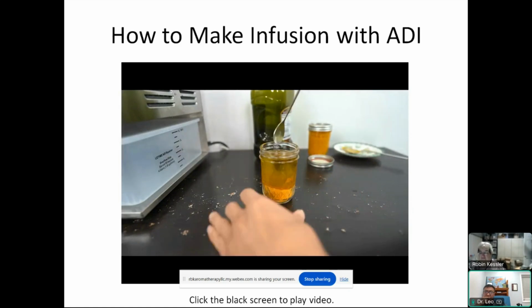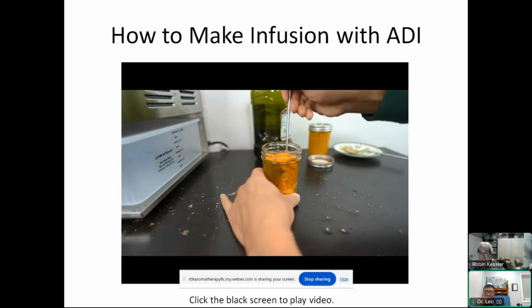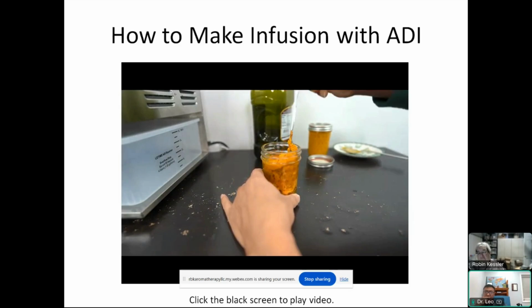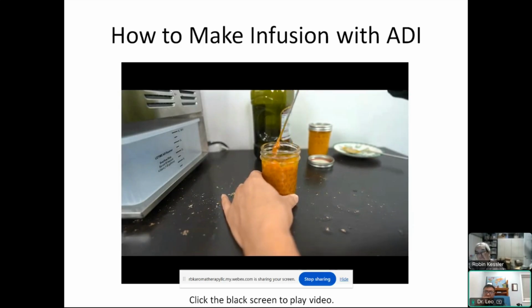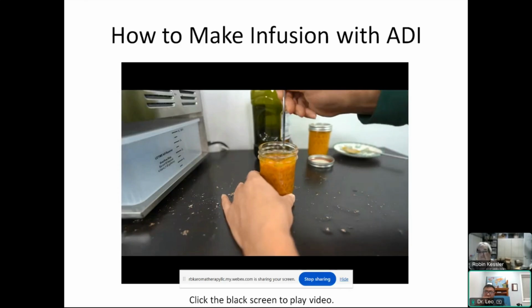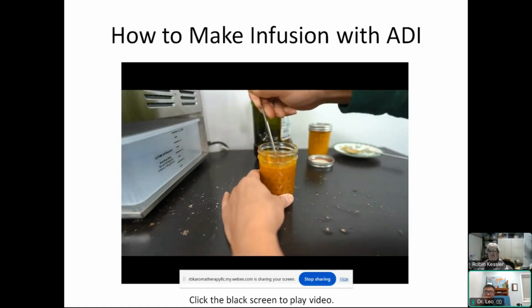So we do the same thing. Stir it. Oil is a little different from alcohol. Just give a good stir. Same thing, let the powder have good contact with the oil and soak well.